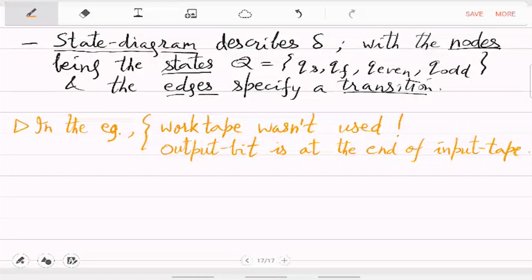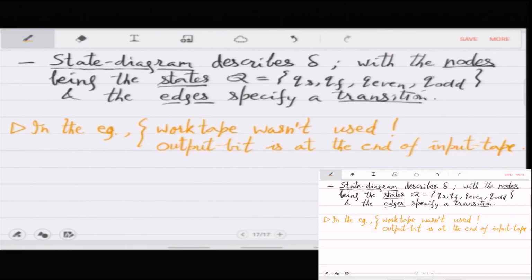Right, this we saw in the state diagram, that when the transition happens from Q even to QF, we wrote 0 at the first blank you saw. So that is the end of the input tape, and an analogous thing for the Q odd to QF transition.